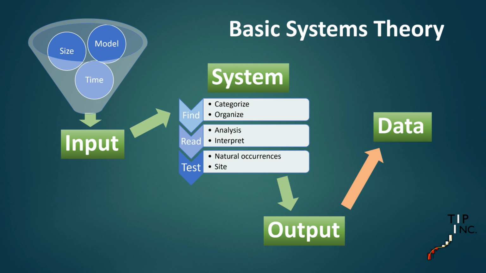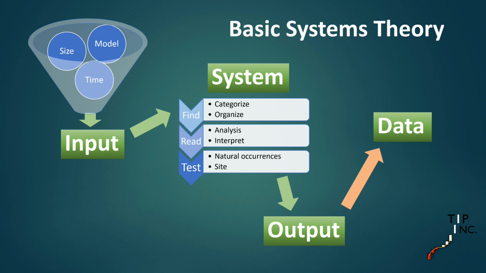So I'm not going to get into too much systems theory right now, but the basics of it are you're going to have these inputs, and these are just examples, what you see up top: size, model, time. So those are your inputs. Then you're going to build a system that you think is going to fit your needs. So for this, you might need to categorize and organize data for yourself, and then analyze and interpret it.